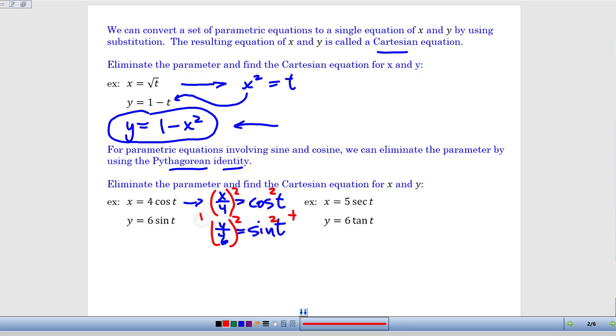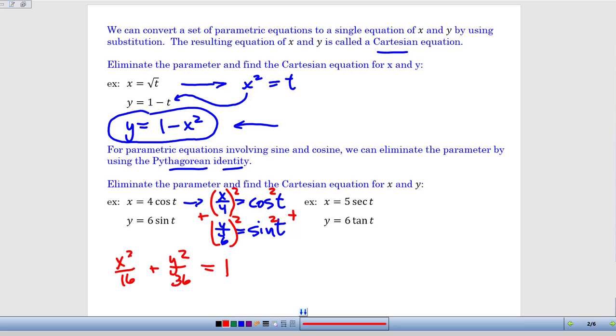We're going to add these two equations to each other. On the left-hand side, we've got x squared over 16 plus y squared over 36. And on the other side, we've got cosine squared plus sine squared, which hopefully is ringing a bell for us. Cosine squared plus sine squared equals 1.